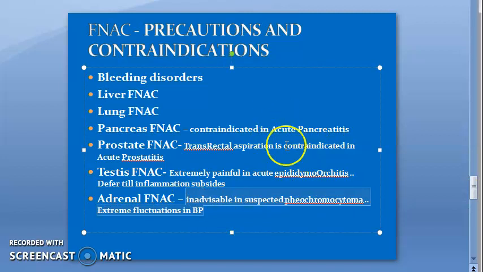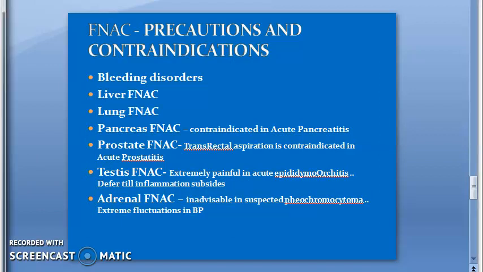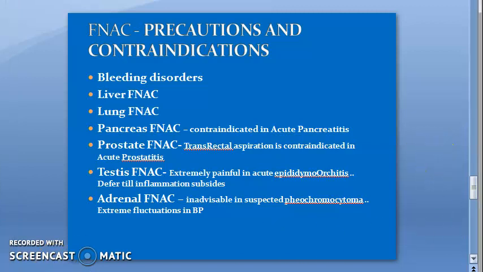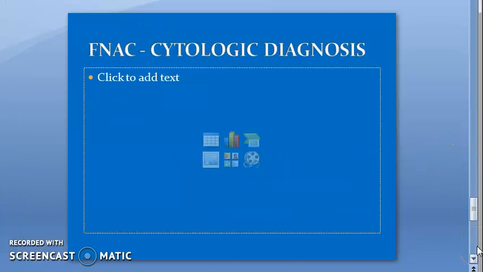Blood pressure itself is the condition, and this is a surgically correctable blood pressure. So in that case, don't do FNAC of the adrenal gland because there can be extreme fluctuations in blood pressure. So these are the precautions and contraindications of FNAC.